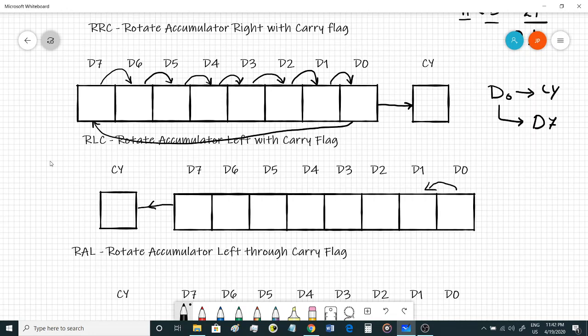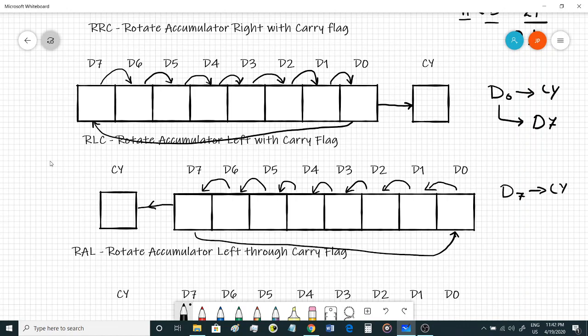D0 comes to D1, D1 goes to D2, D2 goes to D3, D3 goes to D4, D4 goes to D5, D5 goes to D6, D6 goes to D7, D7 goes to the carry flag, as well as it also goes to D0. So the difference is that D7, the MSB, goes to the carry flag in this case, as well as D7 also goes to D0.